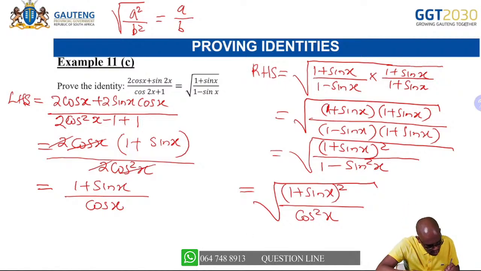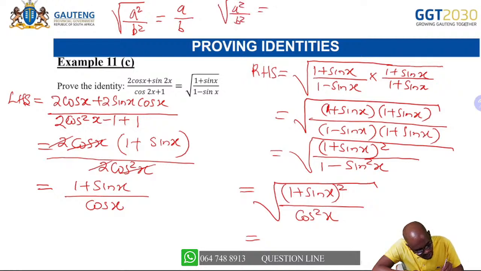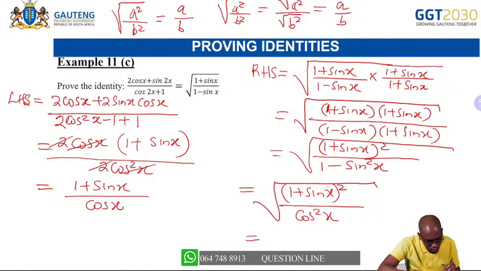So this will ultimately simplify, the square root will then go, because if you have the square root of a squared over b squared, this is the same as the square root of a squared divided by the square root of b squared. We are using the laws of surds. So this would be a over b. What is the square root of 1 plus sine x squared?